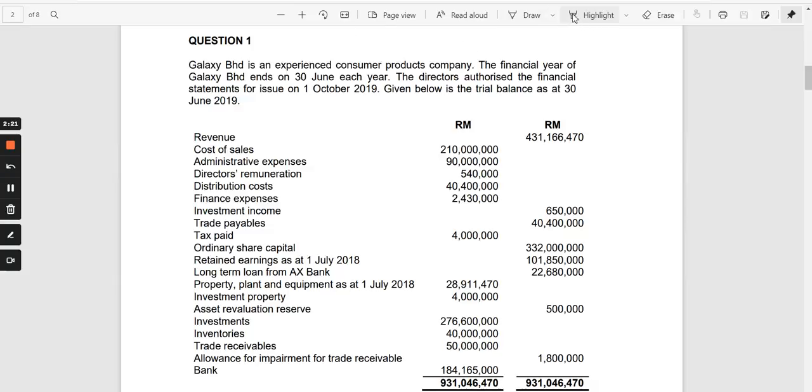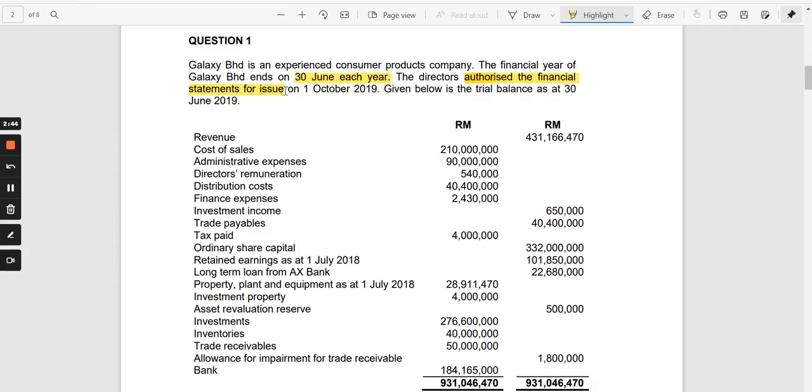If you look at the financial year of the company, it ends on 30th of June each year. So this is the reporting date. The directors authorized the financial statements for issue on 1st of October 2019.